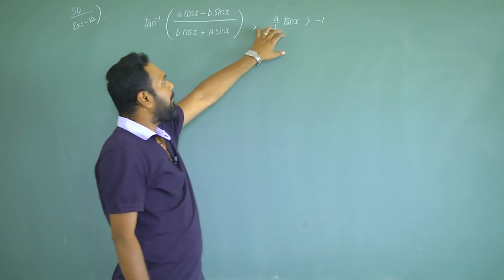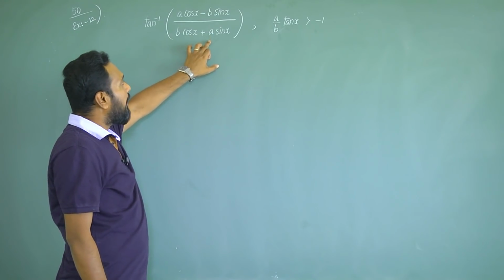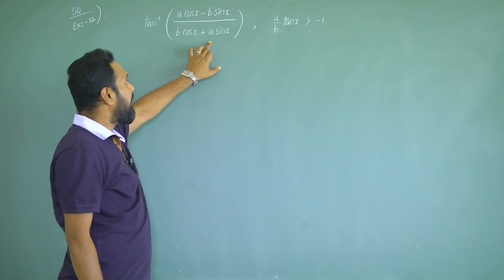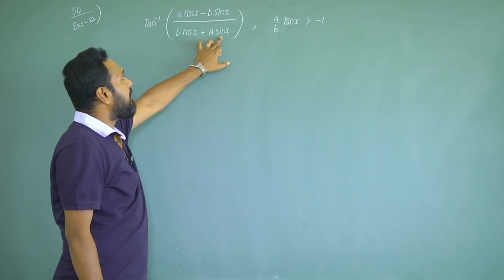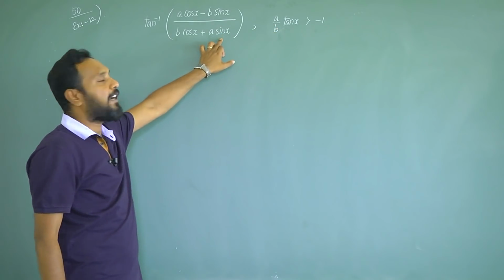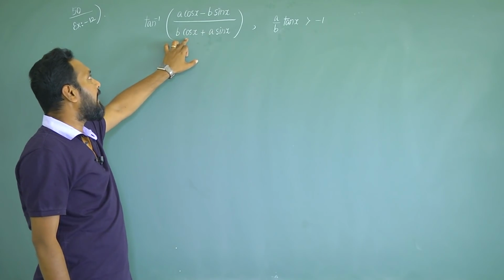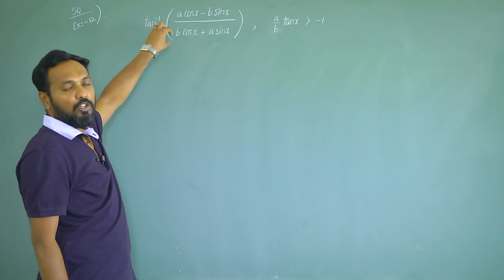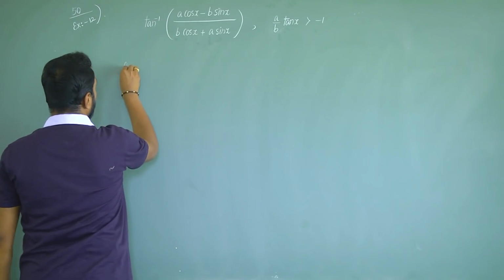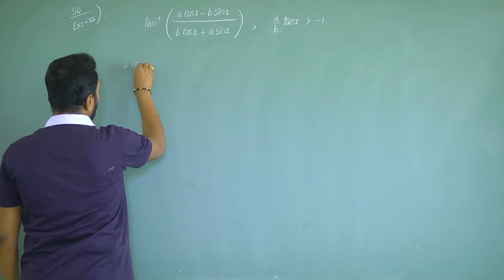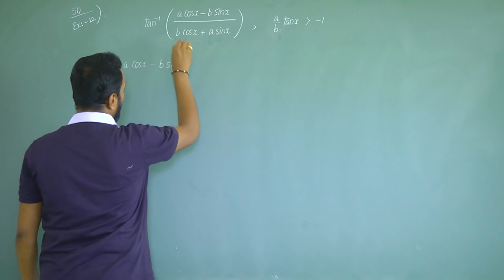To get a/b tan x in the denominator, a is already there, we need to get 1/b here, so I have to take b common. Sin x is already there; to get tan x we have to divide with cos x. As we have to divide by cos x, I can take b cos x common from the denominator.